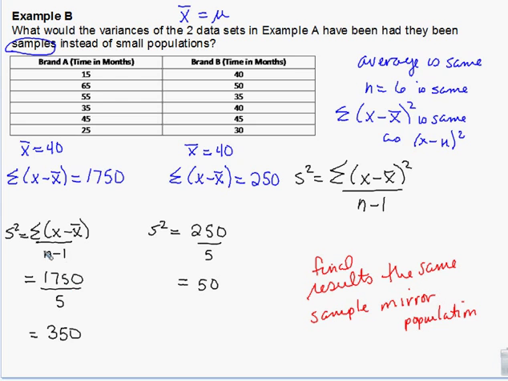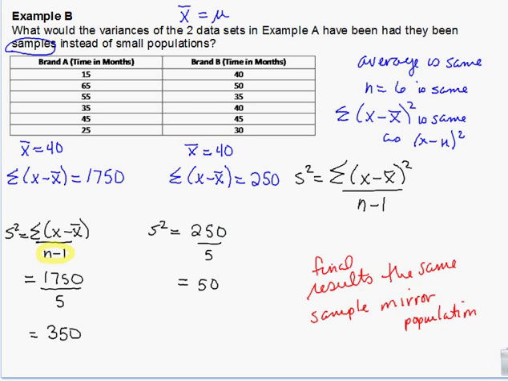Because it's n minus 1 instead of n. Oh, okay. So the 6 turns into a 5. Okay, I get it. And then 350 and 50 are the answers? The new variances, yeah. Okay. But as you can see, brand A has a huge variance, brand B has a small variance. So if that was a sample, it's still mirroring the population.